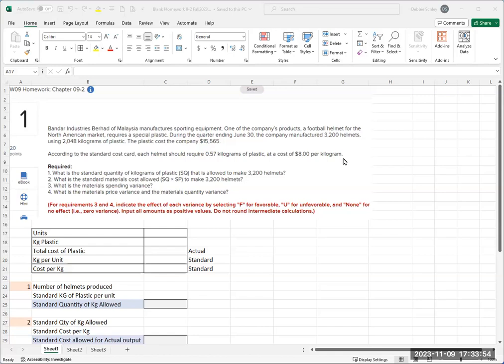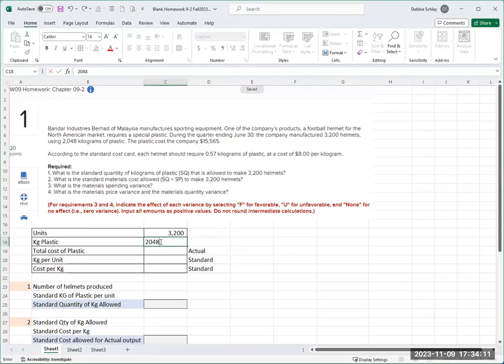per kilogram. So first thing, let's pull out some data. The units is 3,200 helmets. The kilograms of plastic total is 2,048. The total cost of the plastic is $15,565.